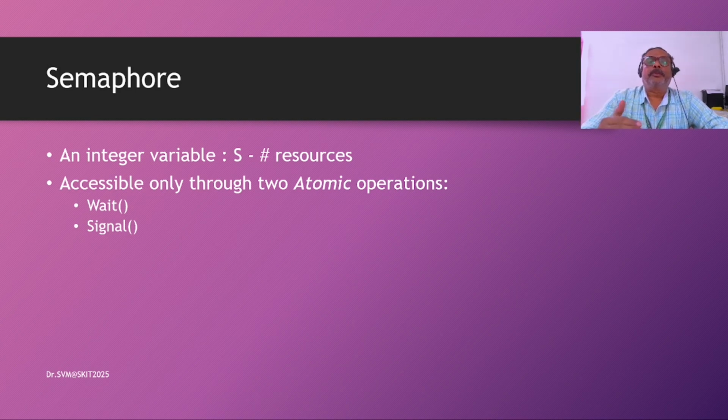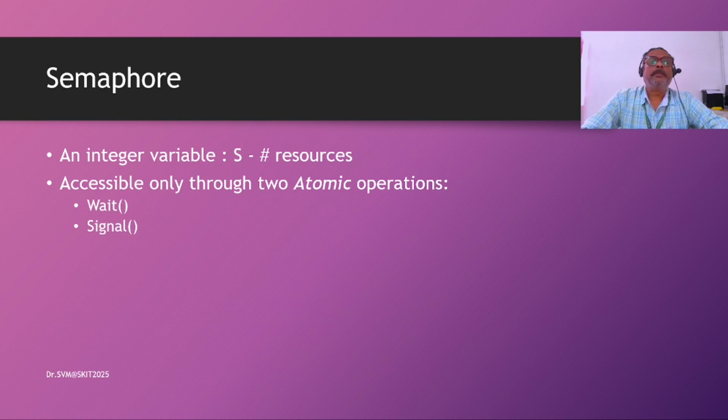And when a process which is using the resources in the critical section is done, once the critical activity is over, then it must release the shared resource, and that release is done through another operation called signal. So wait is used to reserve a shared resource for usage, and signal is used to release that shared resource.